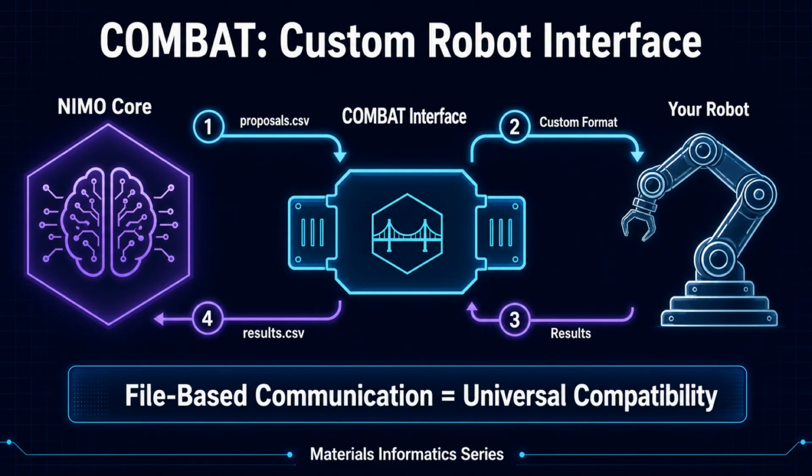Second, your custom script reads these proposals and controls your robot. Third, after experiments complete, your script writes robot output, a CSV with the results. Finally, NIMO reads the results and updates the optimization. This simple file exchange means you can integrate any equipment, from a simple synthesis robot to a complex characterization system.